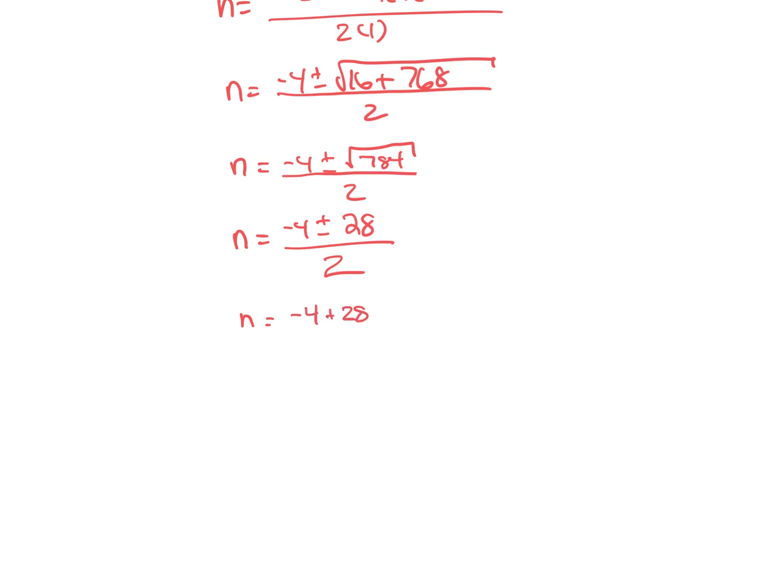So we get negative 4 plus 28 over 2, and negative 4 minus 28 over 2. So we get 24 over 2 and minus 32 over 2, which gives us 12 and minus 16.